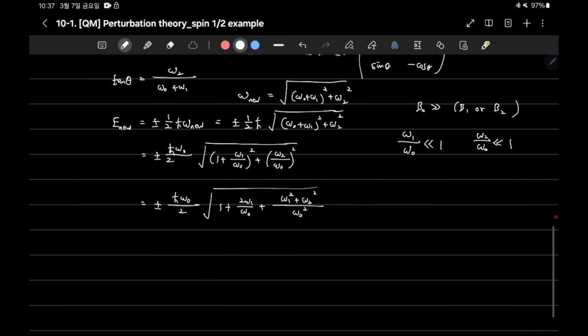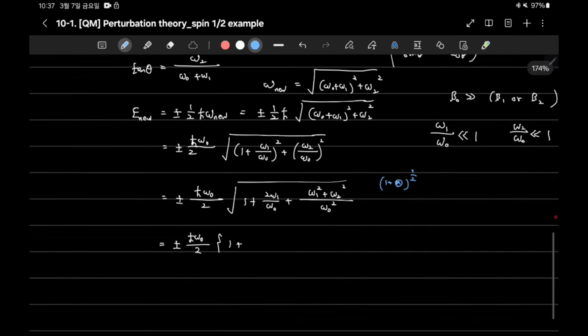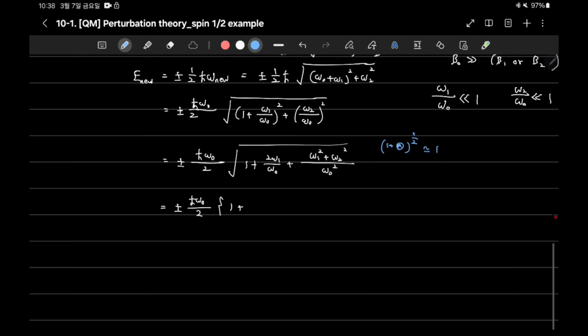Because this term is very small, it can be expanded as a Taylor series, so plus minus h bar omega 0 over 2 times 1 plus the small value, and so on.